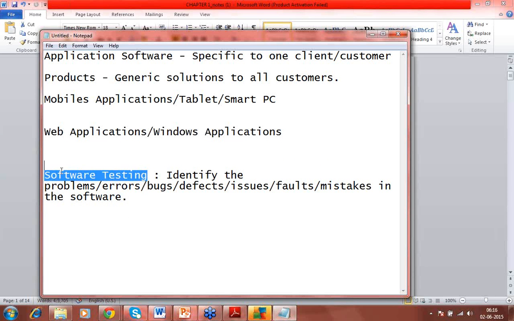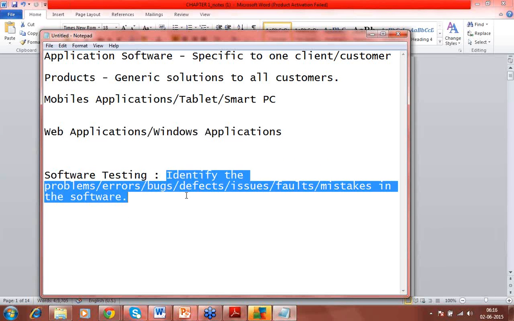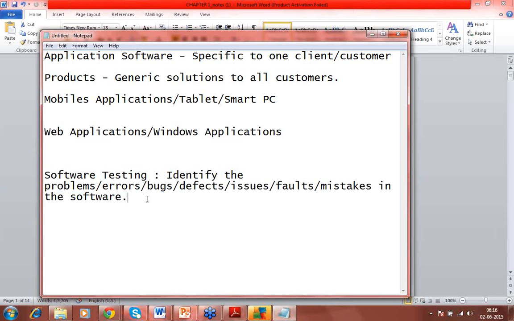As a software testing professional, your job is to identify these different things within the software so that when you eliminate all that, the software works as expected, and that is what the customers are expected to use, which is called a quality software.